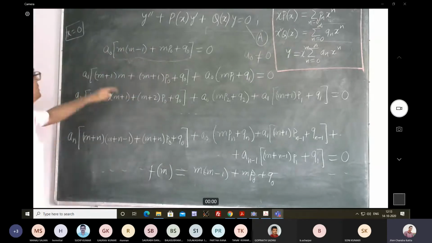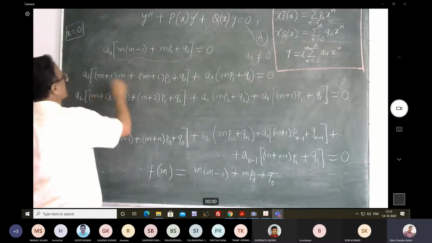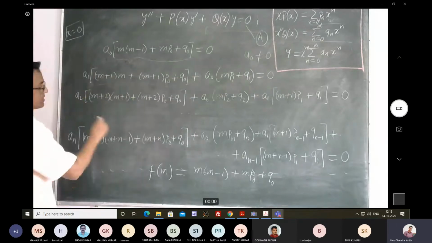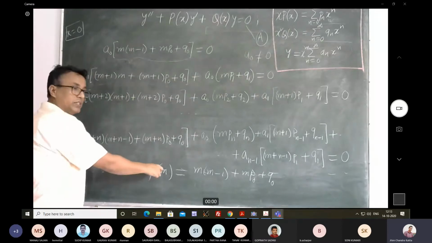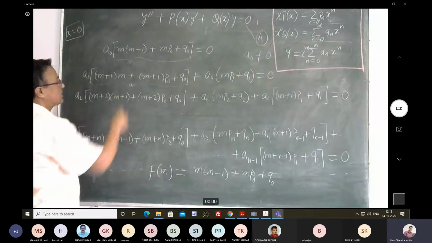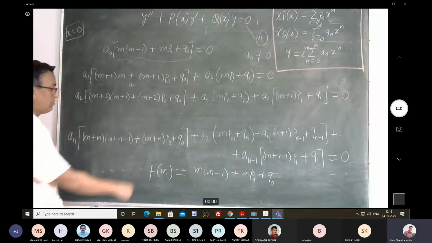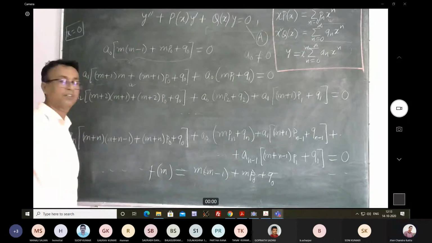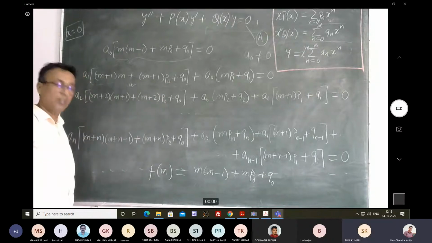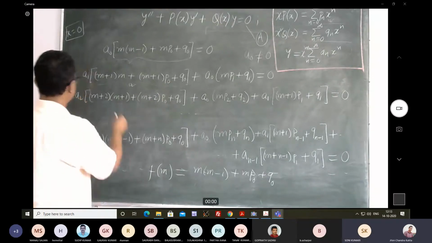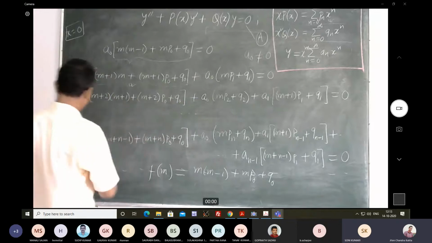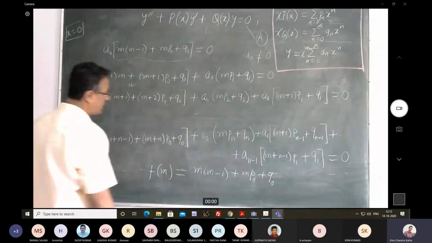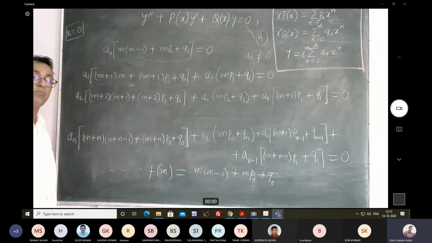You will see that this expression within the bracket is simply f of, well, if I consider this one, this is f of what? This expression, f(m+1). So similarly, this is f(m+2), and the last one, this one within the parenthesis, is f(m+n).